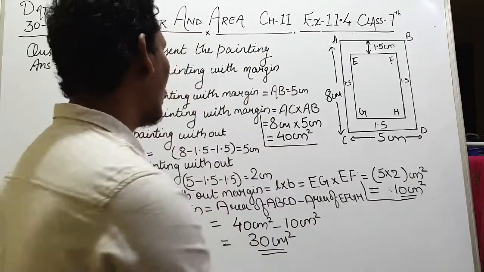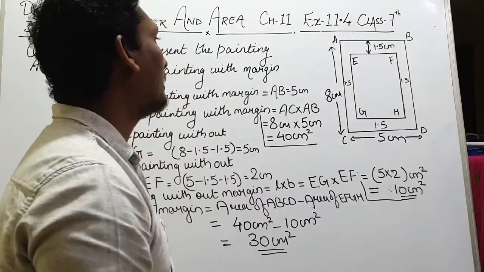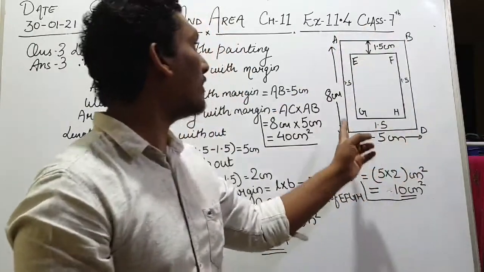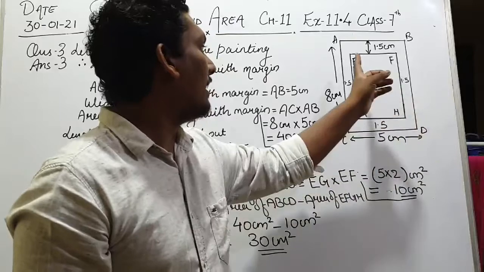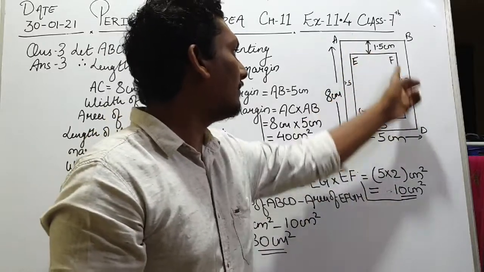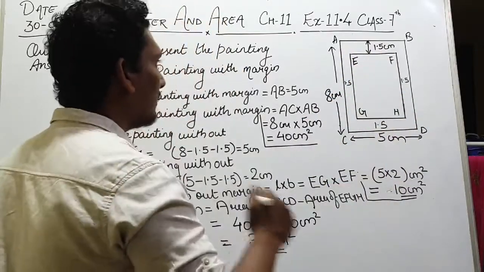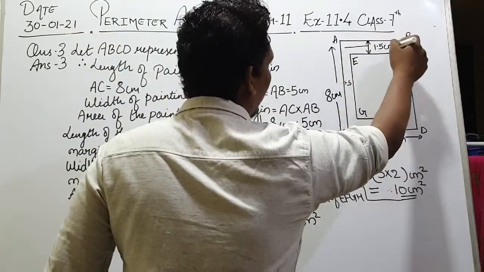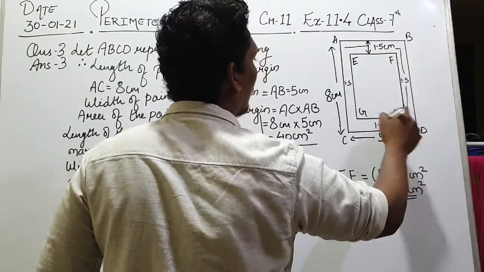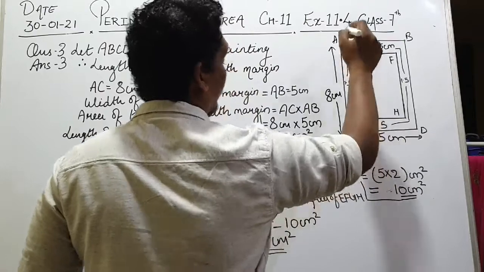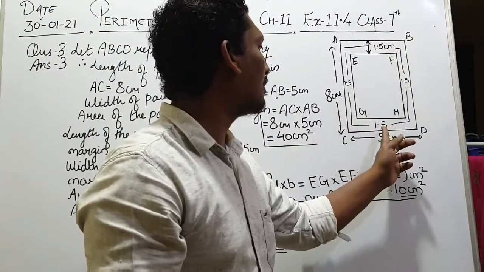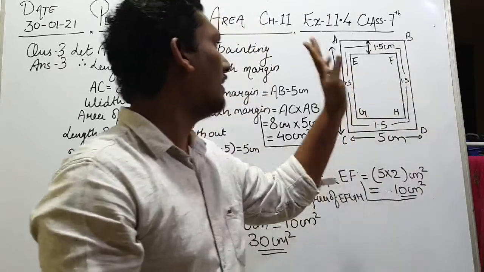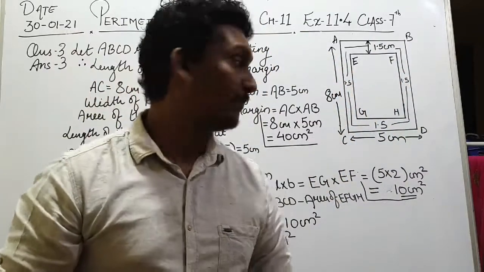So this ABCD represents the painting, the cardboard painting, and EFGH, apart from that, is the margin, that is of 1.5 centimeter. Here also 1.5, here also 1.5, here also 1.5 and 1.5 centimeter.